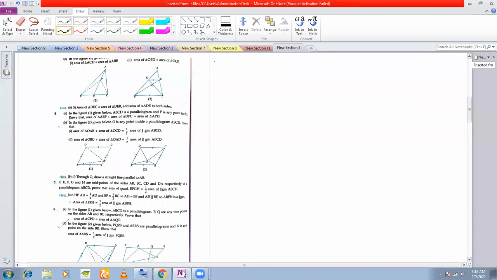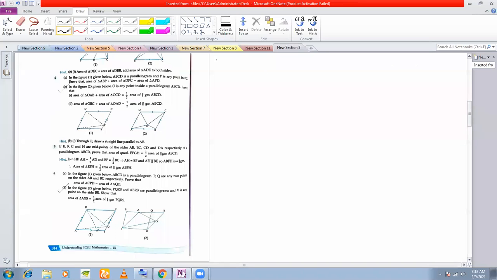Let's draw this diagram here. 4a. Okay, so this is our diagram.